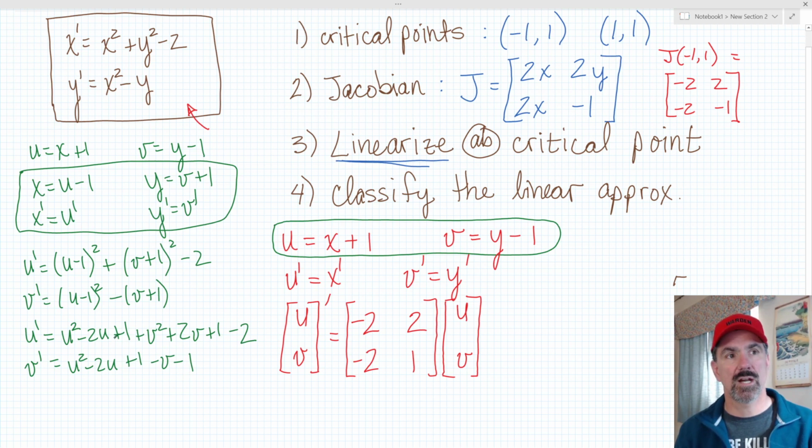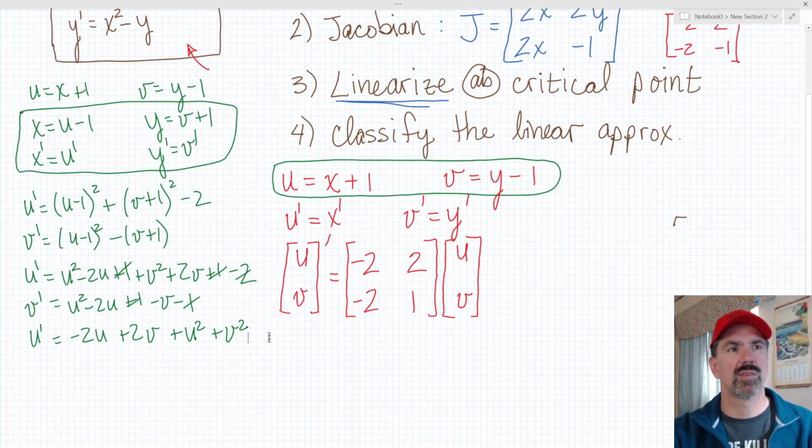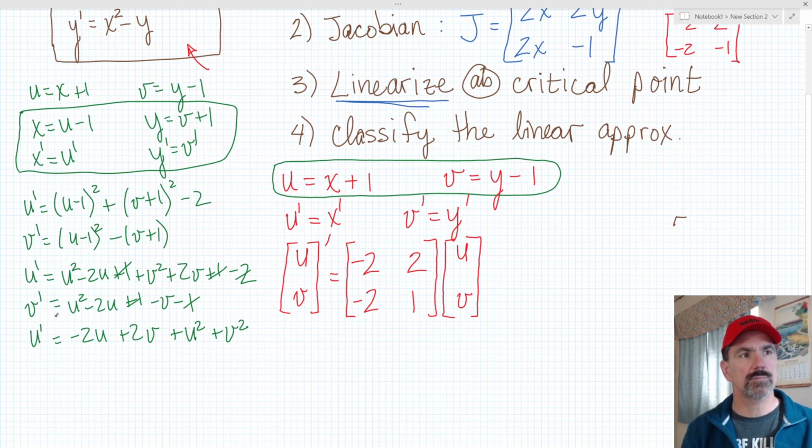You'll notice that the constants here cancel out. And what we're left with is u prime is equal to minus 2u plus 2v plus u squared plus v squared. Similarly, v prime is equal to minus 2u minus v plus u squared.